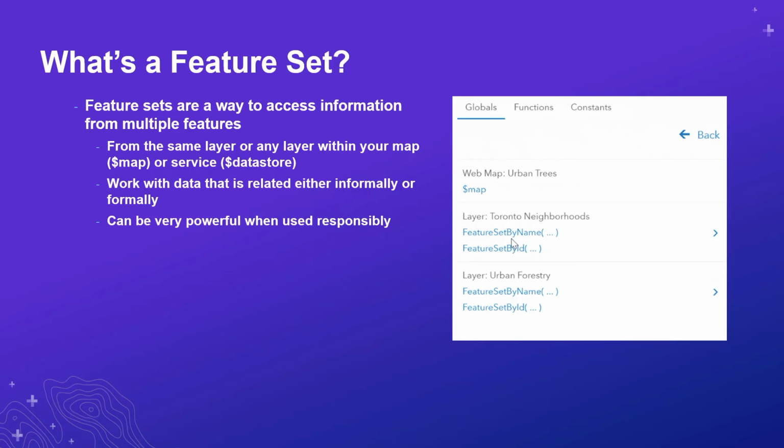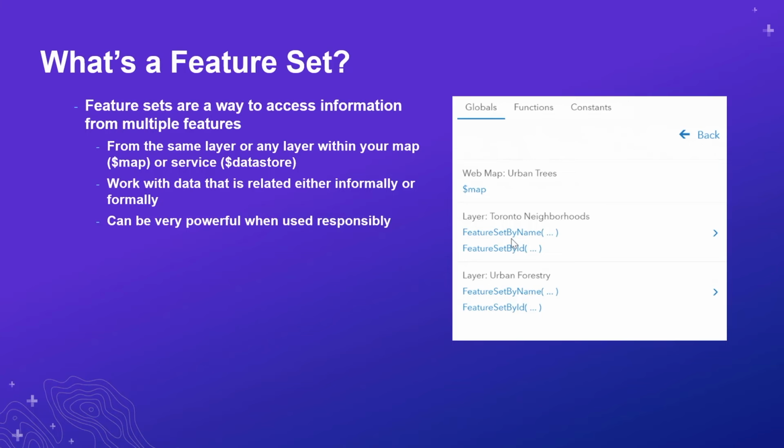One of the things I'll say is this is really exciting, and when we talk to users about this, people get pretty jazzed about what they're able to do. You do have to use it responsibly. If you're doing really complex calculations with multiple loops and accessing multiple data sets and doing geometry operations, you will see a performance hit. It does have to query all the data to answer this.